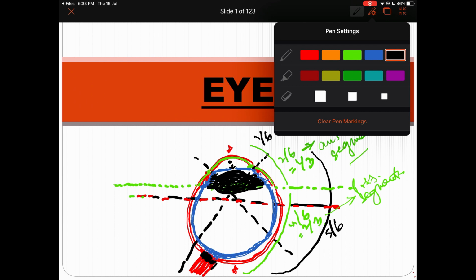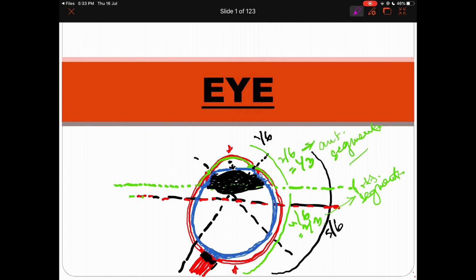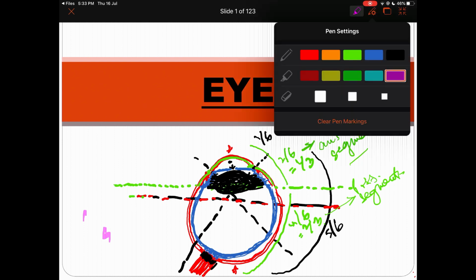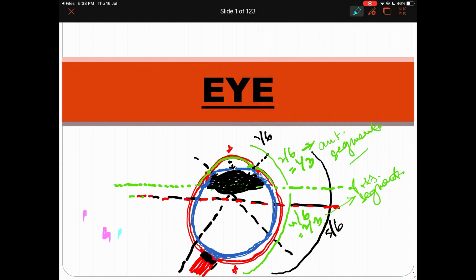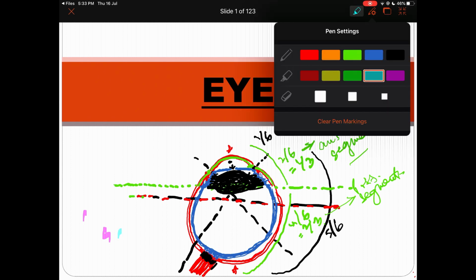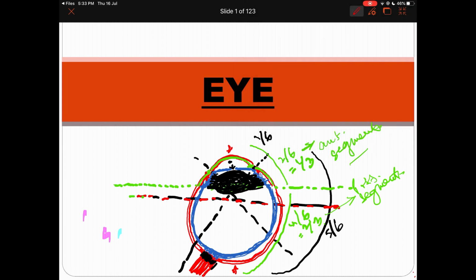So you will now see this as the retina, and for this retina you have to remember one thing: it is a gift from the brain to the eyeball.